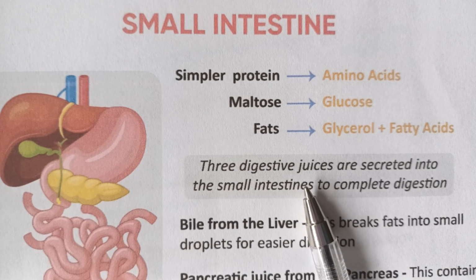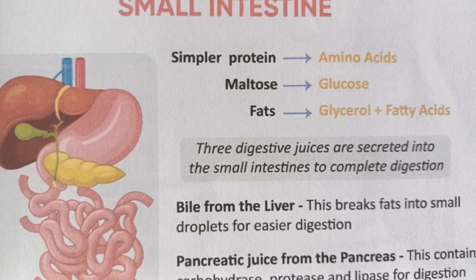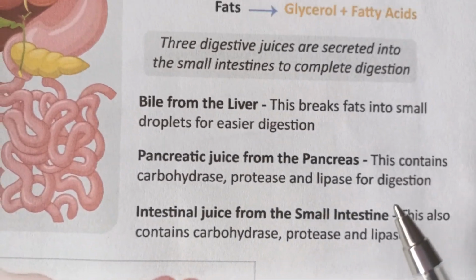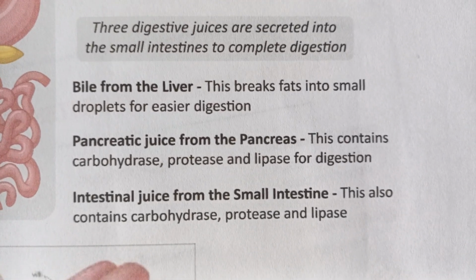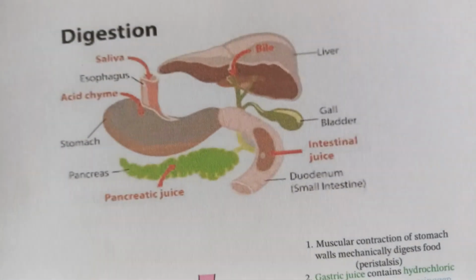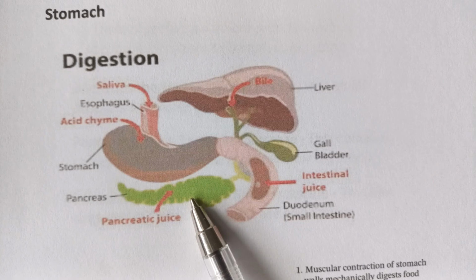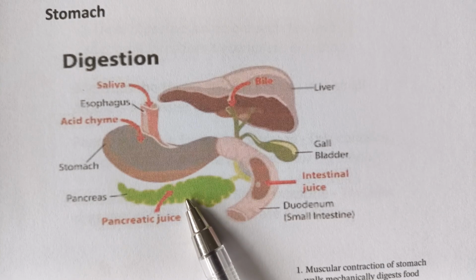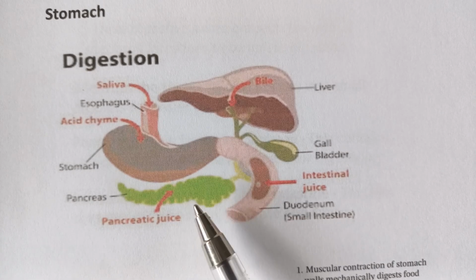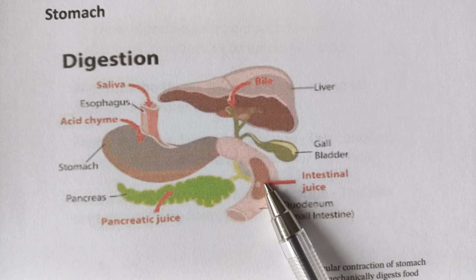This is a very important function here, and for this to happen, the small intestine receives different juices for digestive function. It receives juices from the liver and from the pancreas. If you look at this diagram, juices from the liver, juices from the pancreas, and it also secretes its own juices. These are intestinal juices.